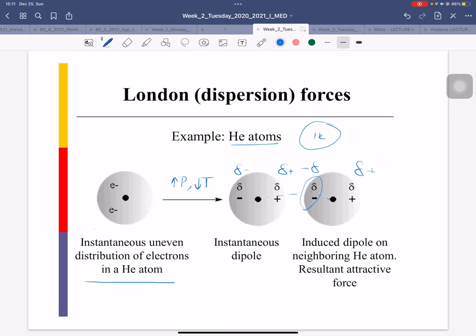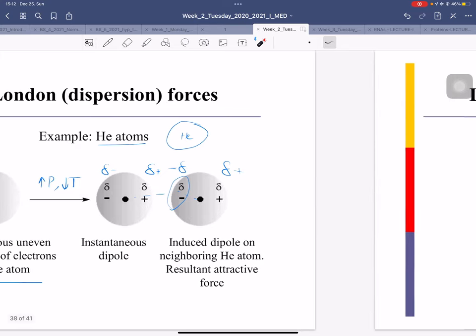The partial positive has a low density of electrons, and the partial negative a high density of electrons. It can be because of the attraction between the electrons and the two nuclei, and it is one of the important things.